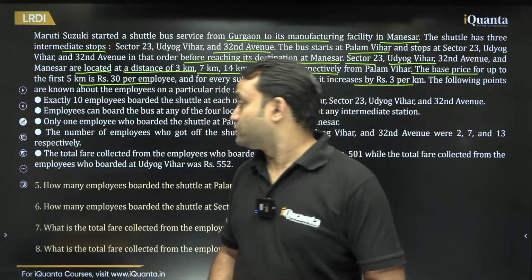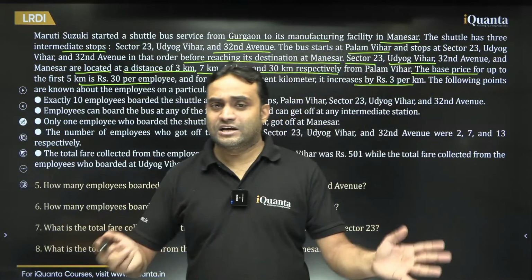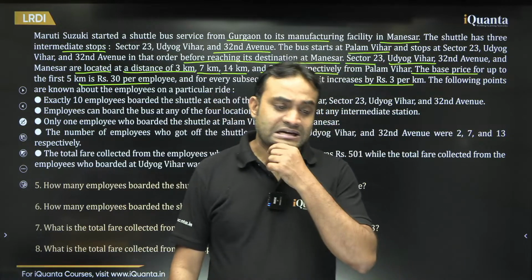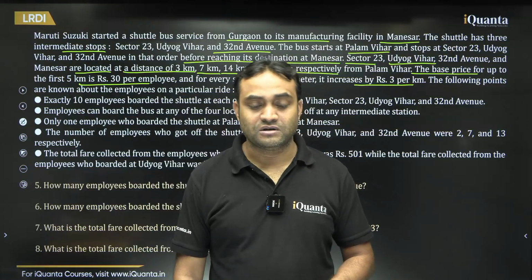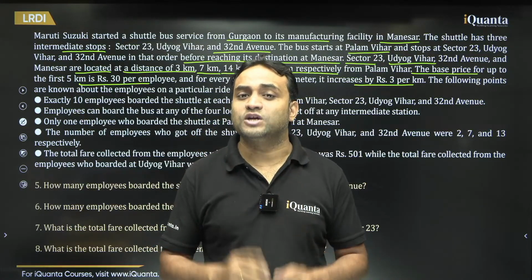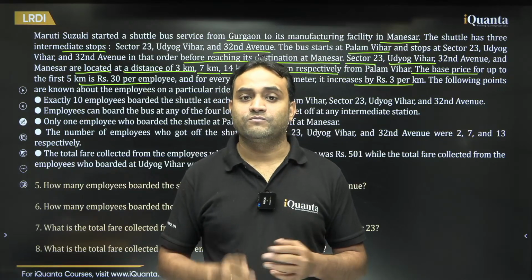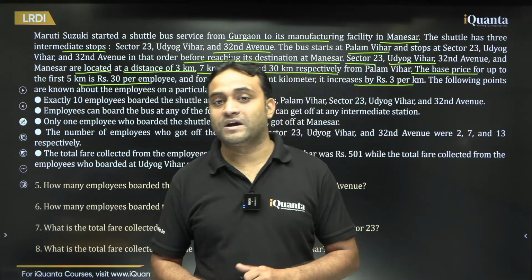And so on. If you are traveling for, let us say, 20 kilometers, then you pay 30 rupees for the first 5 kilometers, and for the rest of the 15 kilometers you pay 3 rupees per kilometer. So, 15 into 3, 45. 45 plus 30, 75 rupees.